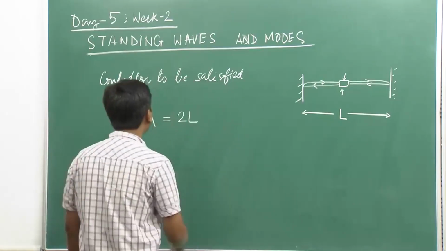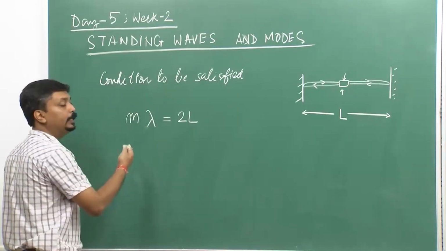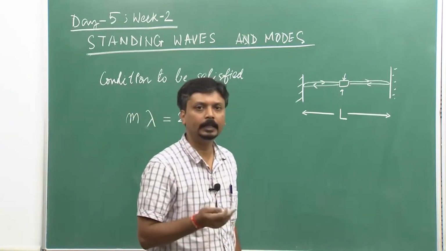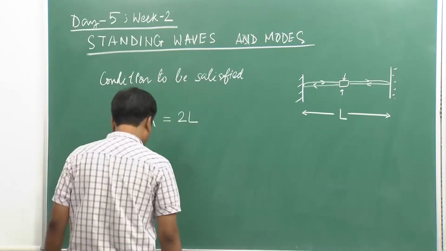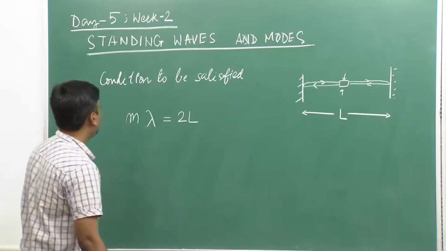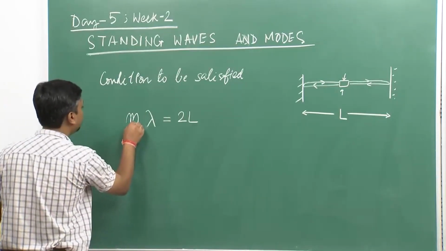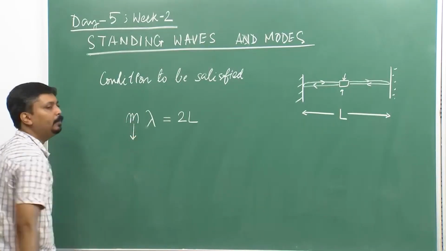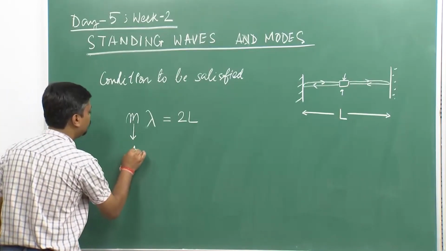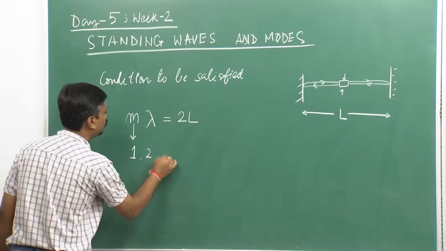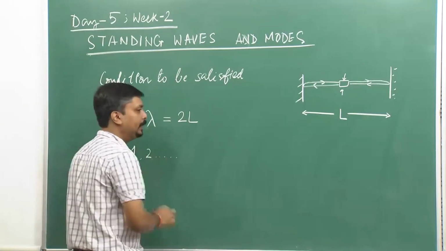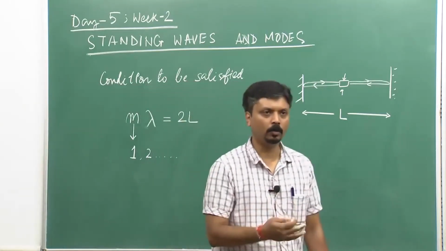If I have the information regarding lambda, I can very easily get the information for frequency, because they are related by the speed of light. And what is this m? This actually gives you the particular mode. m can be any integer value, 1, 2, and so on. So, I will say that this is the mth mode.